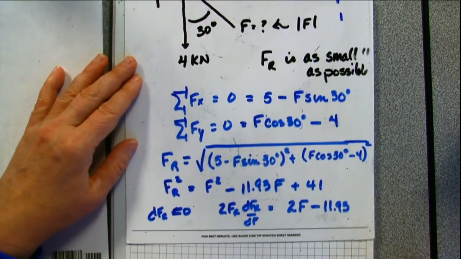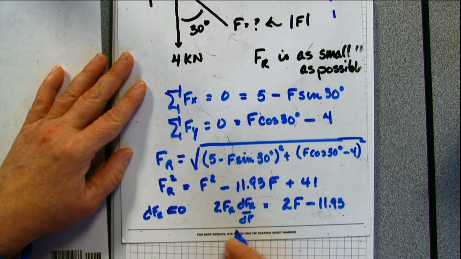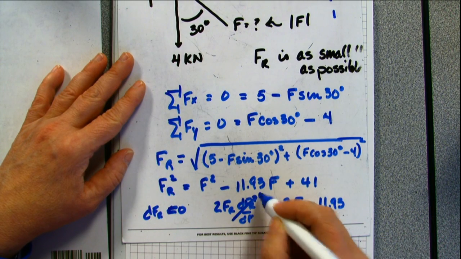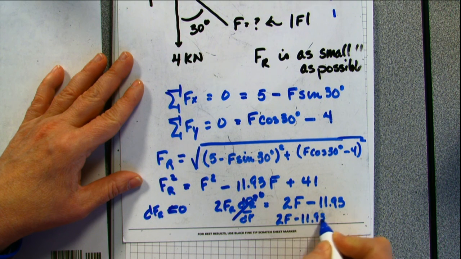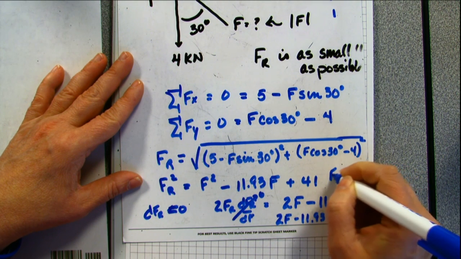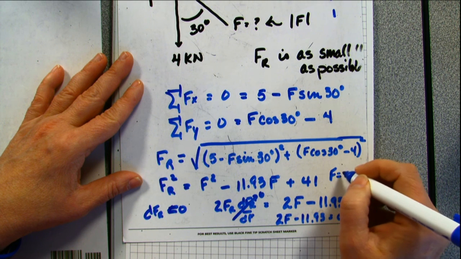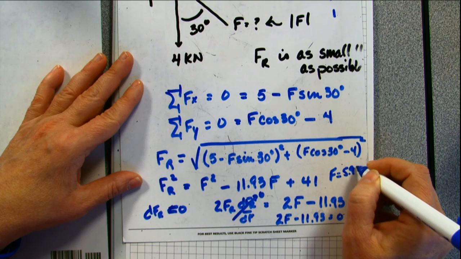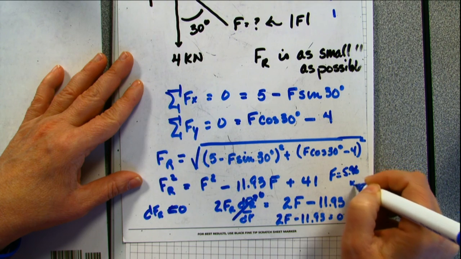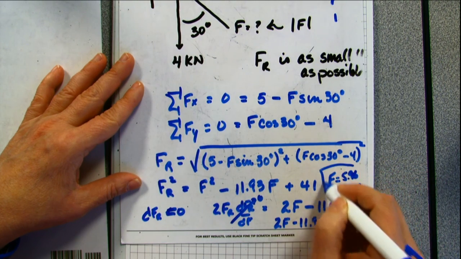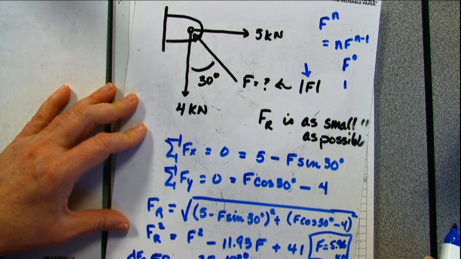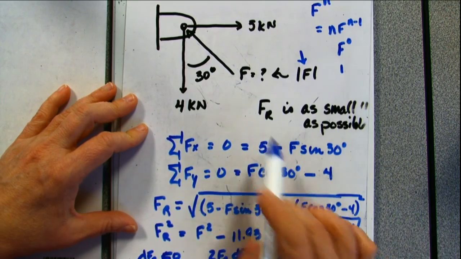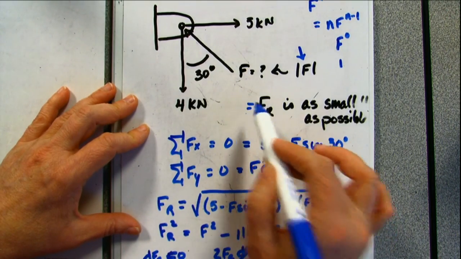Okay, so once we get to this, we're going to set this to 0, and this just becomes 2f minus 11.93 equals 0. We solve for f, and f gives me 5.96 kilonewtons. Now that is the magnitude of this right there. But then we want to figure out what the value of FR is.